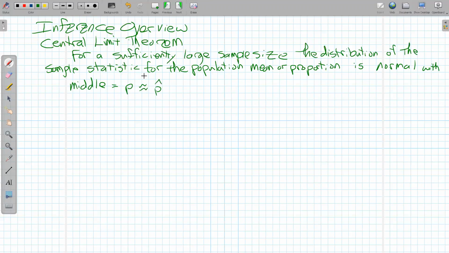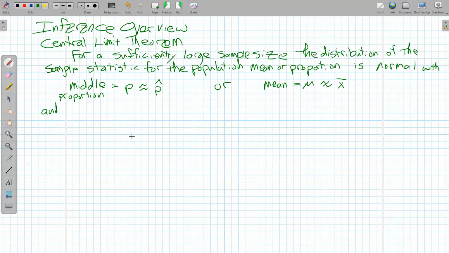Remember, we have population versus sample. Or the middle is going to be the mean. And the mean should be roughly the population mean, which we approximate with the sample mean. And again, this middle here, P stands for proportion. And so that's the middle of the distribution.